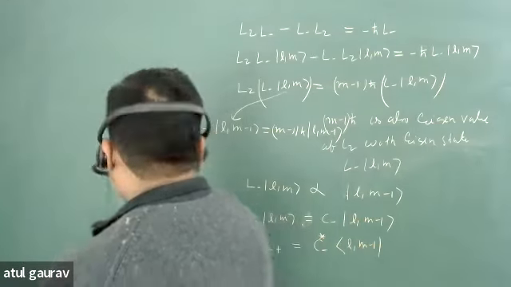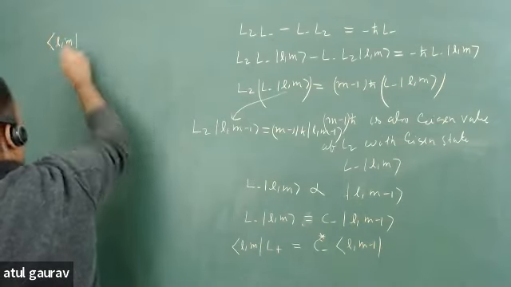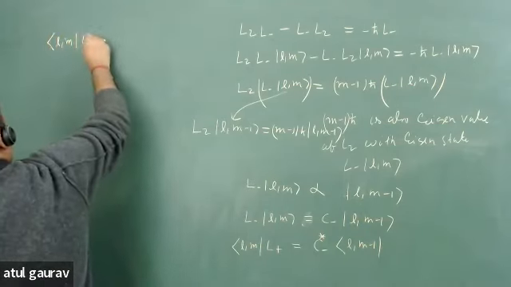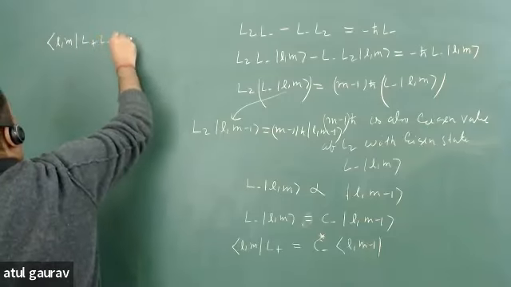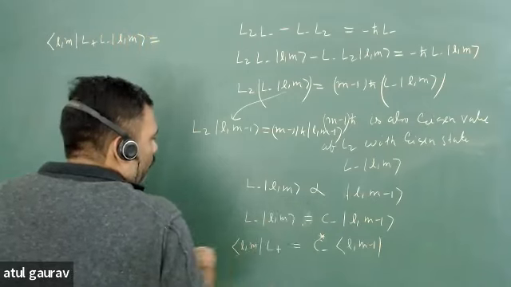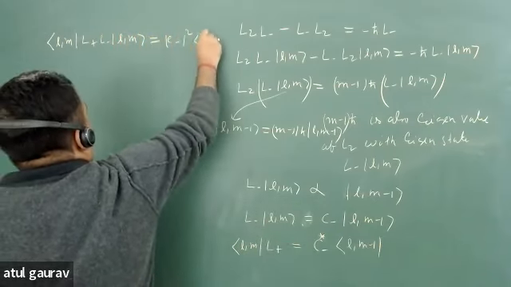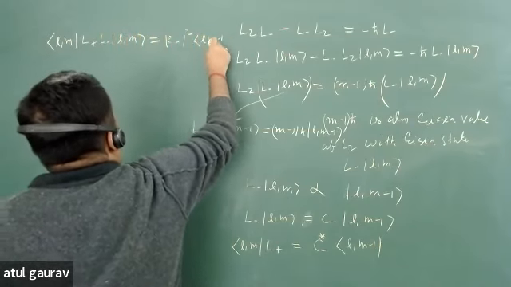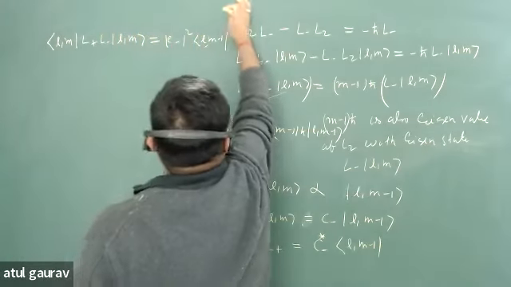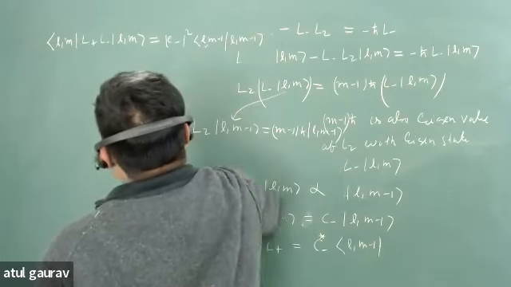So we have this one, L M L plus L minus L M is equal to mod C square, we have L M minus 1, and we can remove this one, L M minus 1.